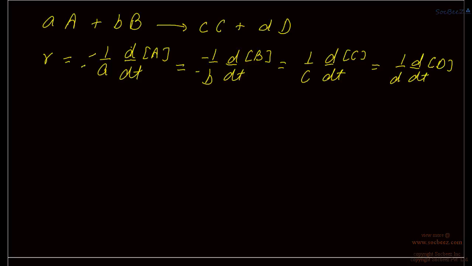Hence the concentrations of species A and species B are getting decreased. Therefore we have used here a negative sign to compensate for that decrease in concentration of the reactant species, and no negative sign has been used for species C and species D, because they are appearing, hence their concentration is continuously increasing. Therefore no need for the negative sign for these species.